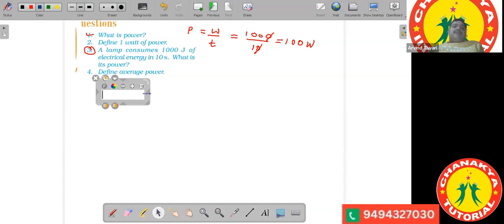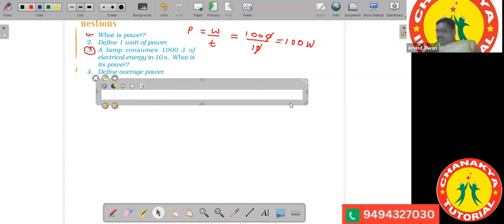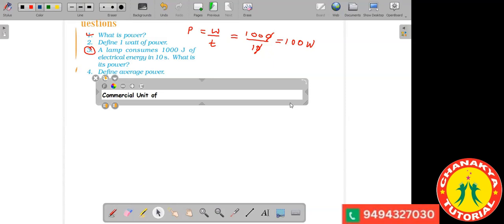See, we have an SI unit of energy, right? What is the SI unit of energy, Siddhisri? Sir, can you repeat?